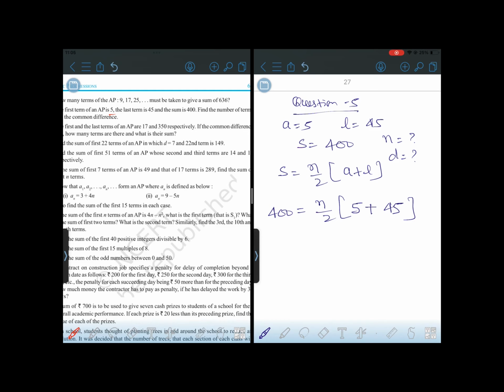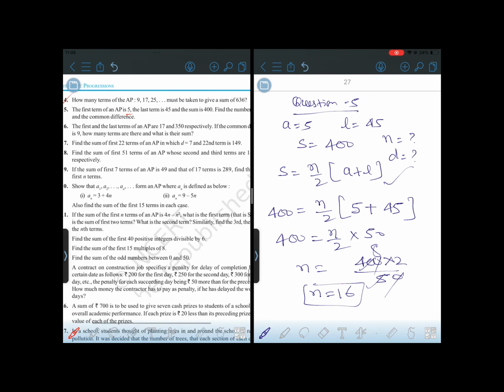So that gives us 400 is equal to n by 2 into 50, or n is equal to 400 into 2 upon 50. That gives us 16, right? So this formula is very important. If you know the first term and the last term, you can use this formula right away.